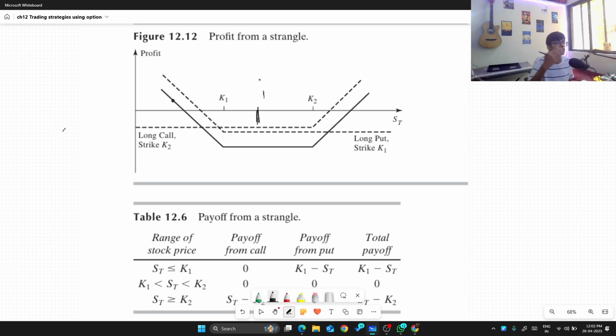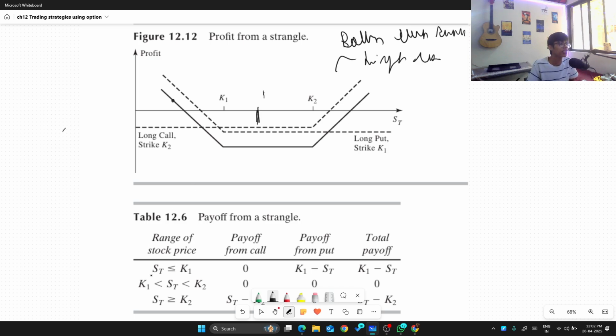And in a strangle, the price has to move farther than in a strip or strap, right? That's how it works. It is also called a bottom vertical combination, and it is highly risky, right?